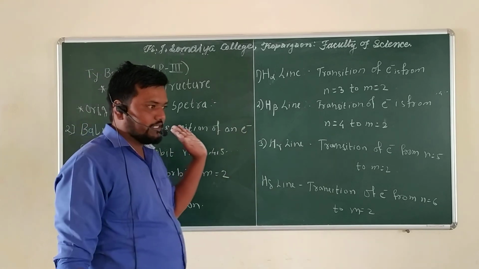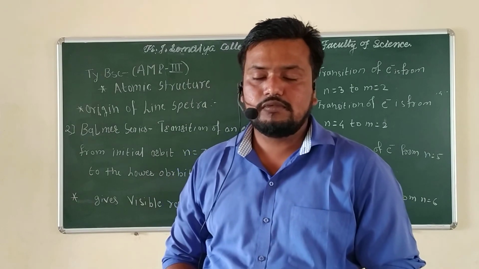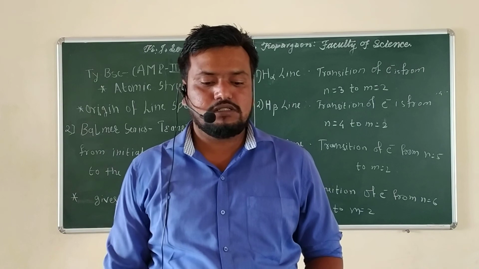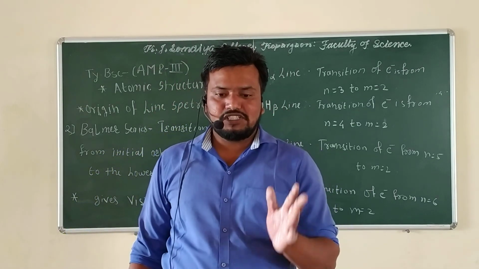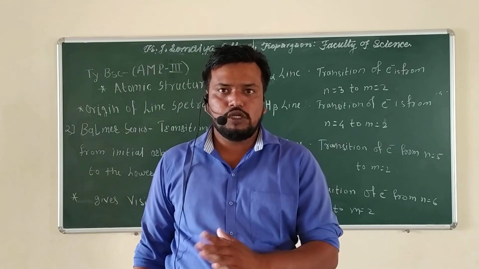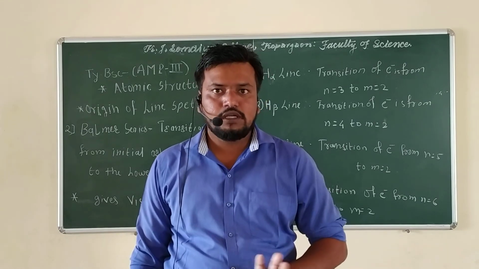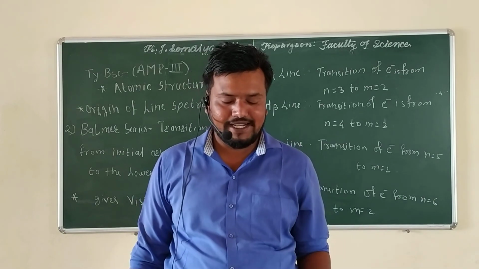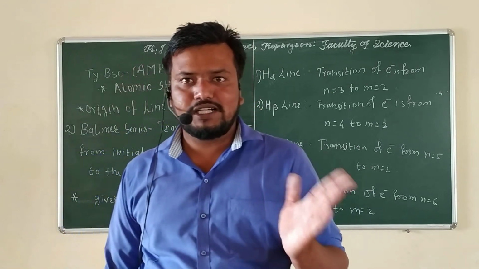So we saw the last series was the Lyman series. Here the Balmer series: its spectral lines are observed when the electron transition is from the initial orbit n equal to 3, 4, 5 to the final orbit m equal to 2, which is the fixed value. These Balmer series lines are spread into four different lines: H alpha, H beta, H gamma and H delta.